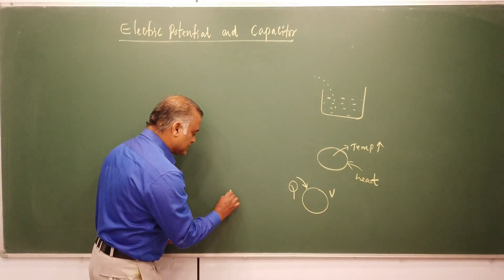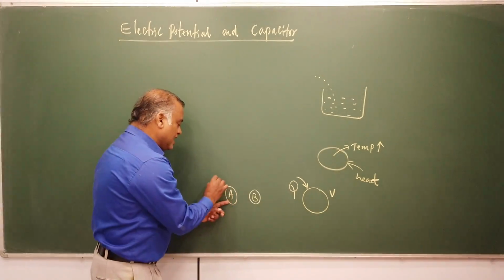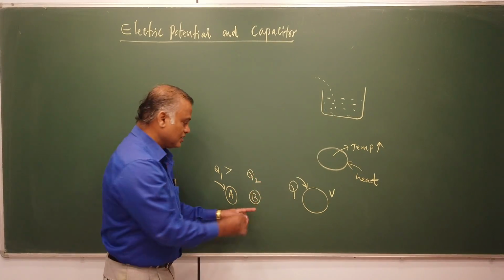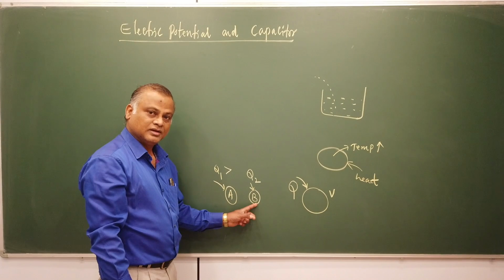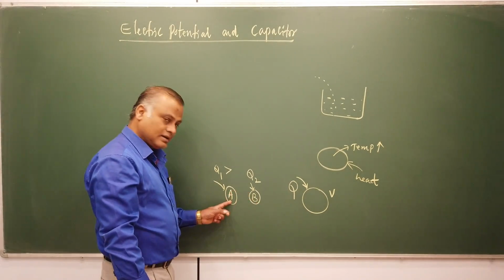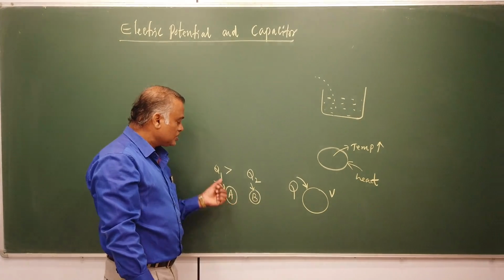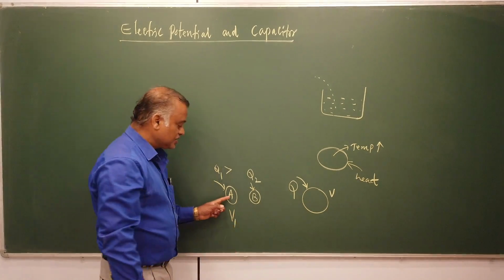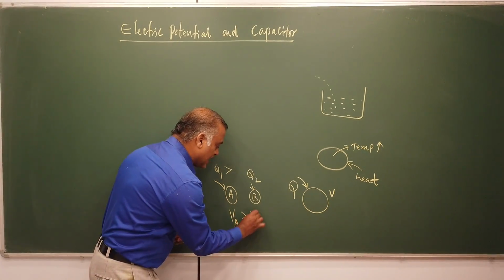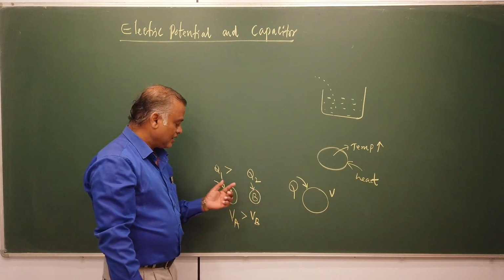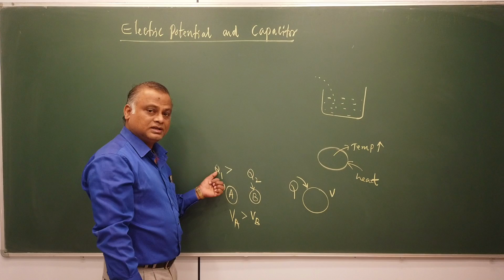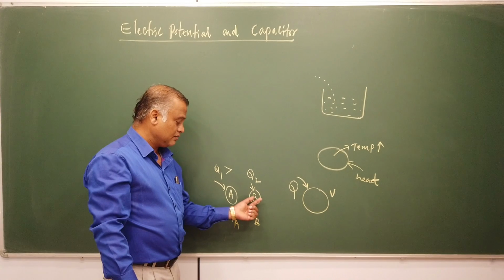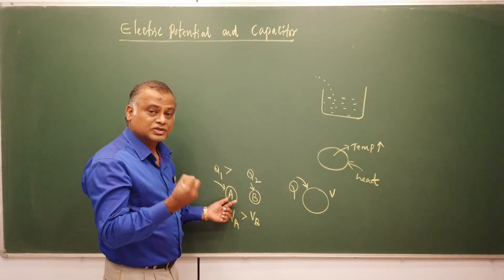If I have two objects or two bodies, A and B, where body A has more charge than B, you must say that the level of potential of A is greater than that of B. A body having greater charge has greater electric potential, meaning it can acquire more charges.